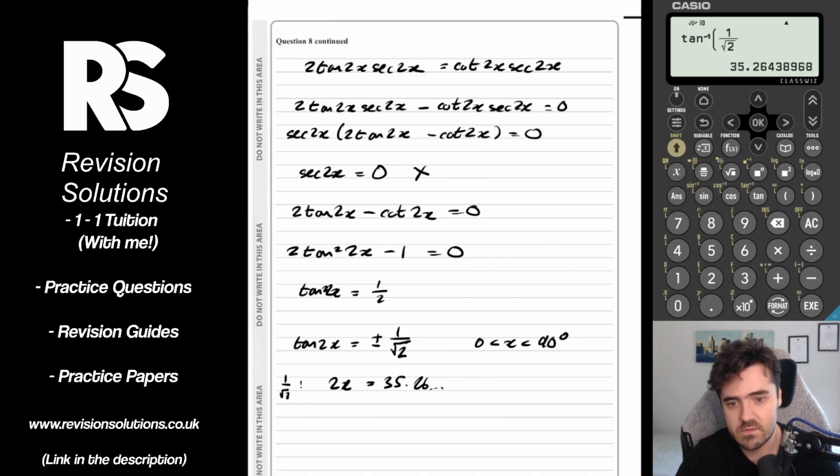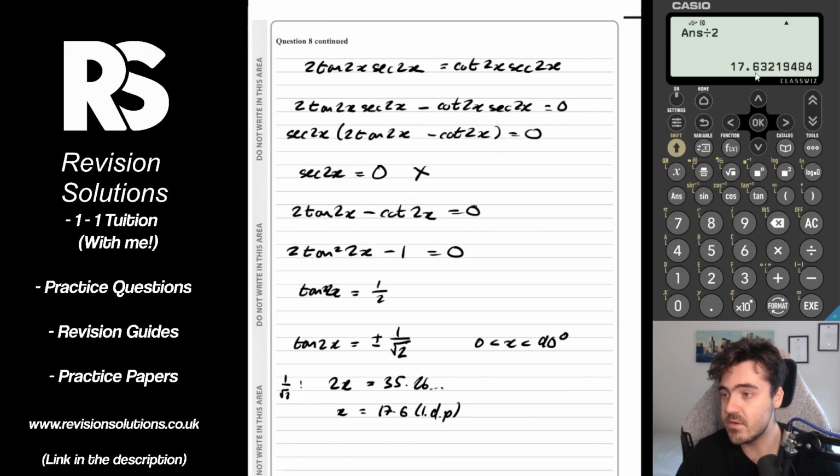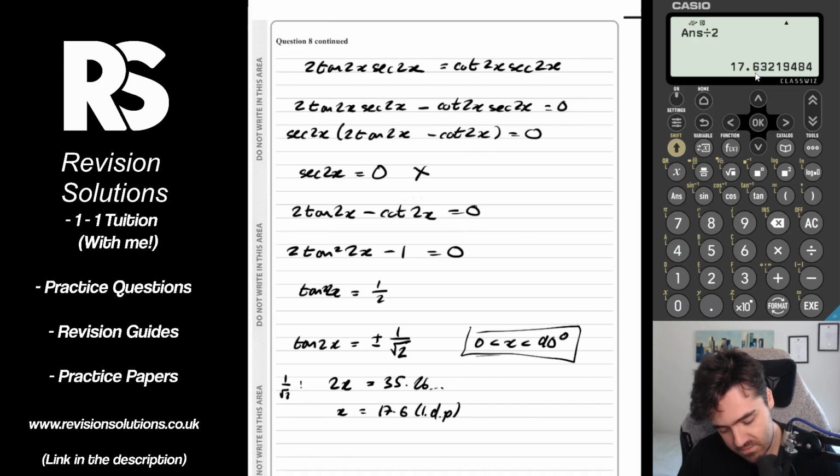Then divided by 2 in my calculator, that's going to be 17.6 to 1 decimal place. And then just thinking if there's going to be any more solutions we need to worry about from that. So the regular tan graph repeats every 180. So this graph transformation, the 2x would halve that to repeating every 90. But still I can't actually add or subtract 90 without going out of this region. So that's the only solution I can get from the first one.